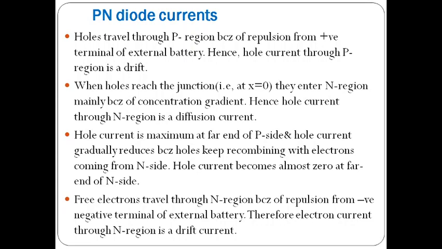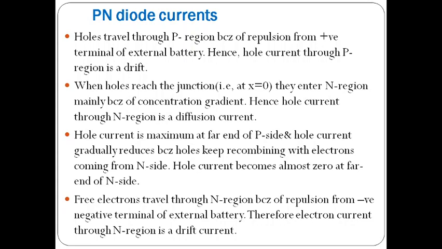Due to the repulsion from the positive terminal of the battery, the holes in the P region are repelled towards the junction.